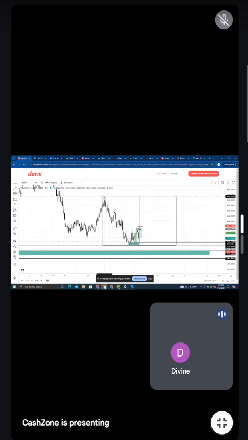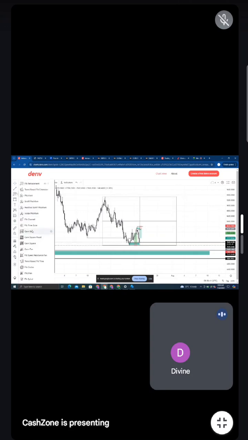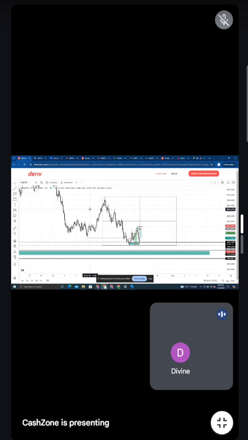This is the high that led to this break of structure. I use this Gann box, which I customized, but you can use Fib retracement too. It's the same thing, just customized to show only 50%. I marked from the beginning to this low.